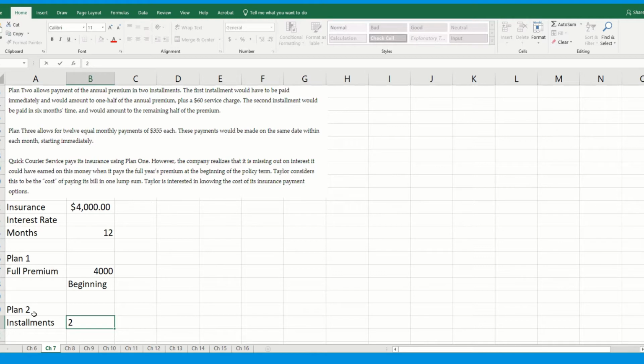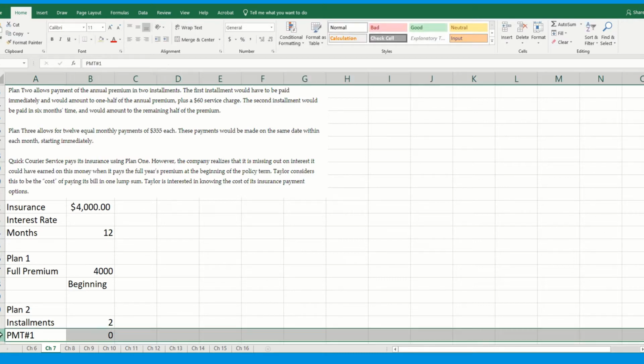So let's call it PMT, payment number 1. That's immediately, so that's at time 0, so right now. And it says that it would be half of the amount of the annual premium. I should put the installment amounts in there too. So installments, there's 2.